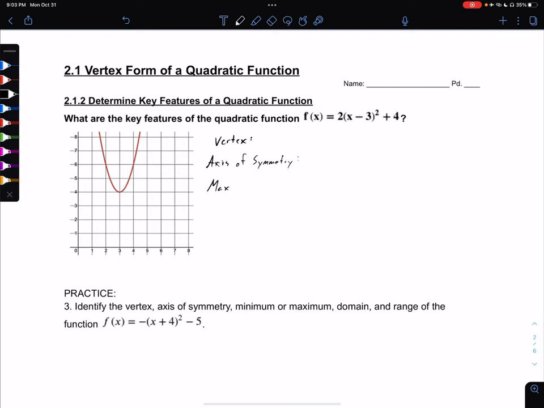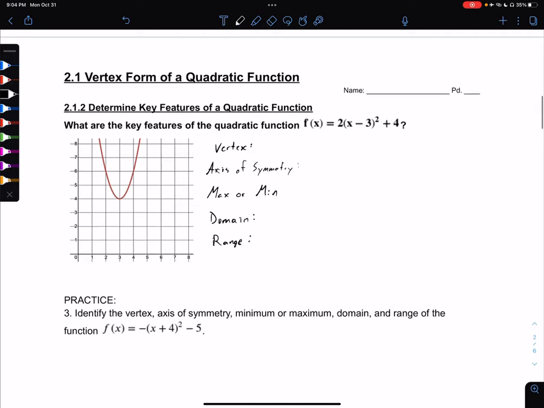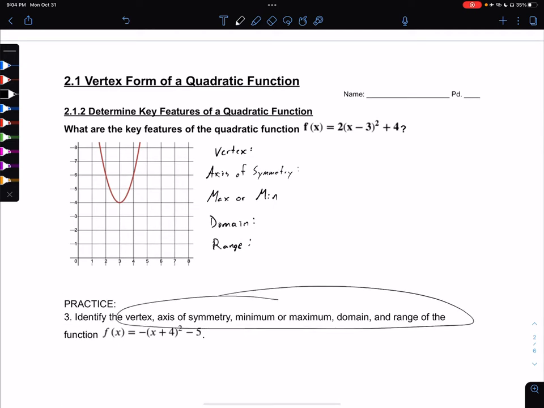So that's related to the vertex, whether it is a max or a min. Our domain. And finally, our range. Now, those 5 things are listed down here as well. So if you need to figure those out, they'll be there.